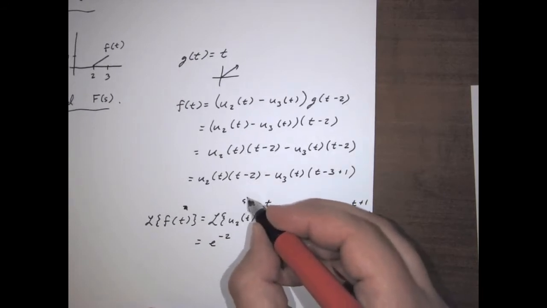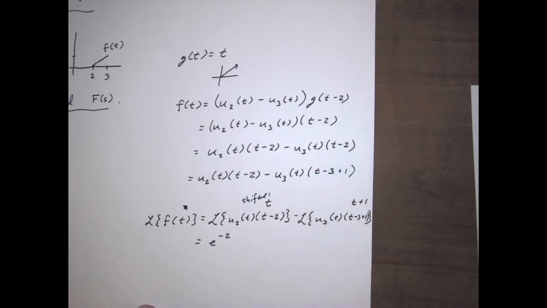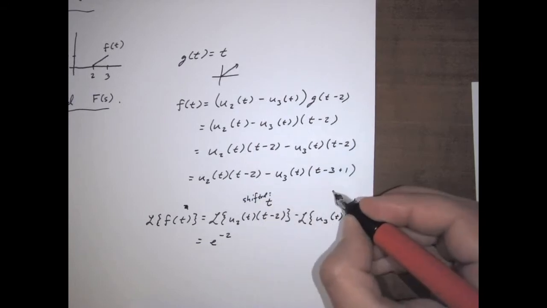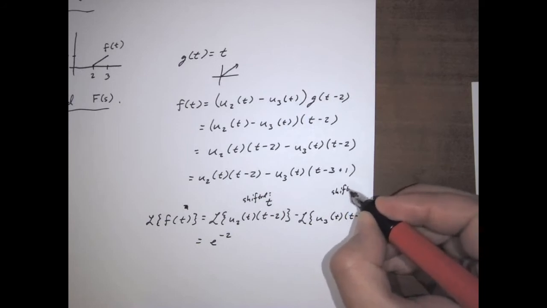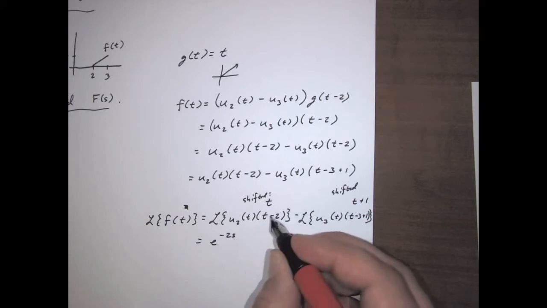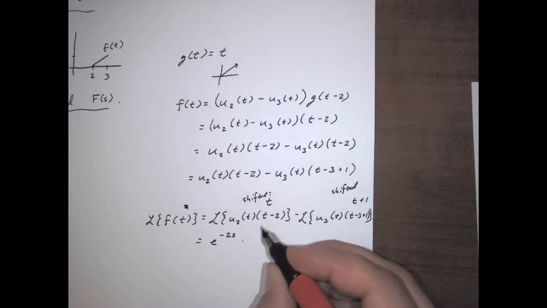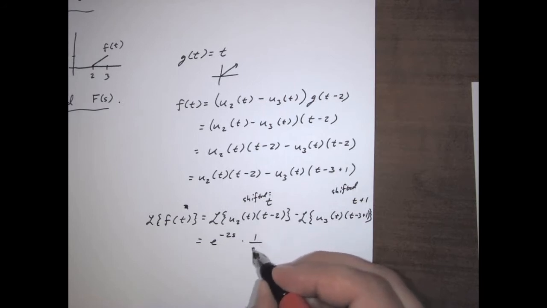So it's a shifted t and a shifted t plus 1. It's going to be e to the minus 2s times the Laplace transform of just t, which is going to be 1 over s squared.